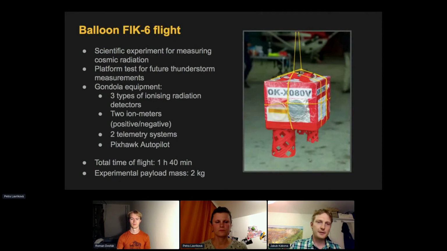The gondola was equipped with several types of ionizing radiation detectors, two ion meters for positive and negative ions, two telemetry systems, and a Pixhawk-based autopilot. The total time of flight was almost 2 hours, and the experimental payload mass was around 2 kilograms.